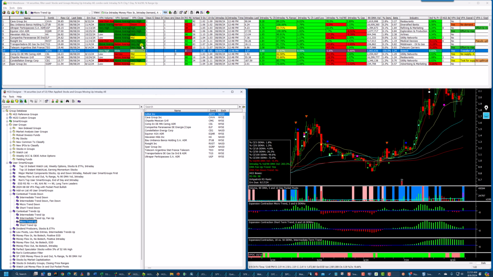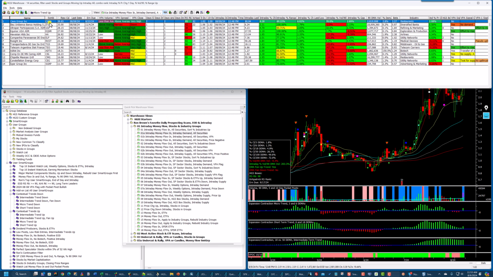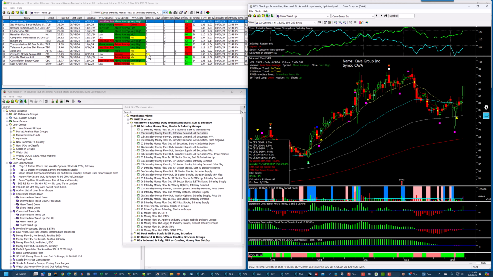Let's just take a look at this. I'm going to go to the top stock based upon the raw combo; my demand was sorted by my demand combo. Okay, this just popped up today. Until today, this was a micro trend up stock, 3 above the 6.